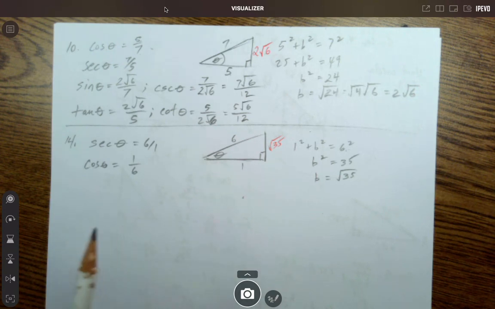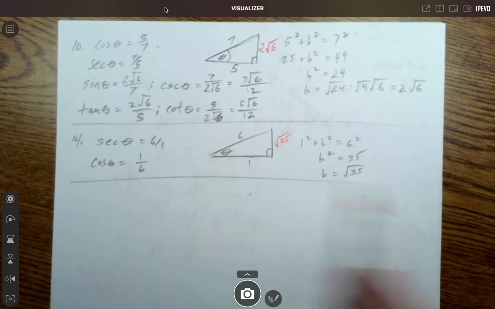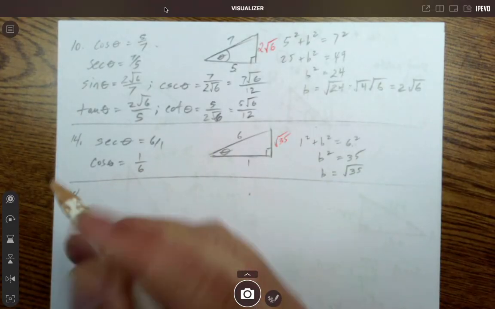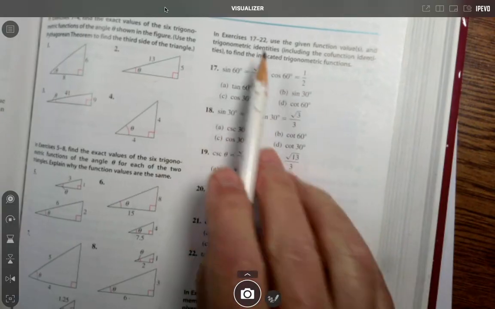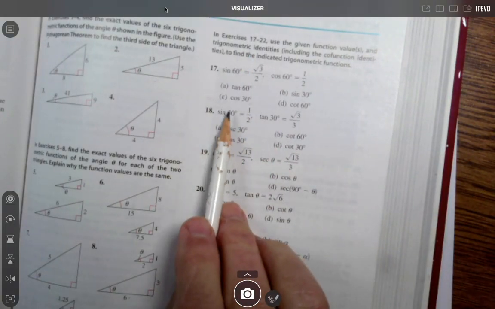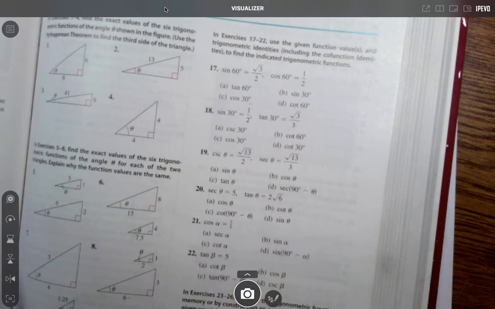So next, we'll do 18. Problem 18, here, let's look at this real quick. Here's problem 18. They give us the sine of 30 as a half, and they give us the tangent of 30 as square root of 3 over 3.